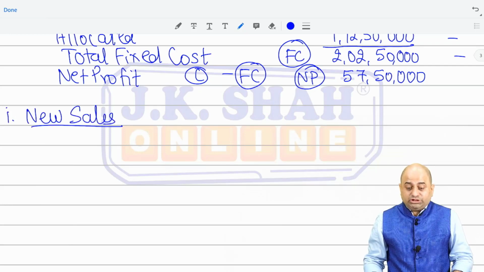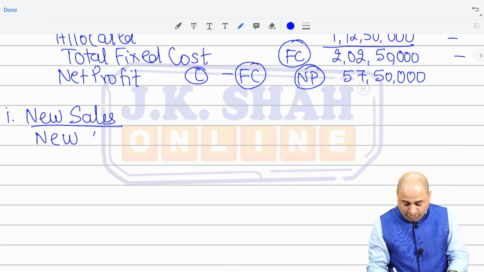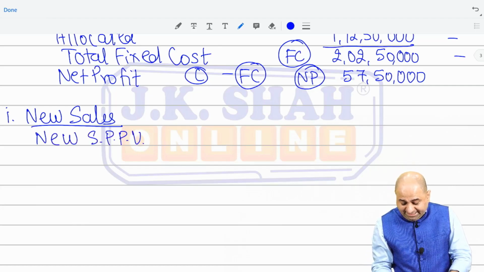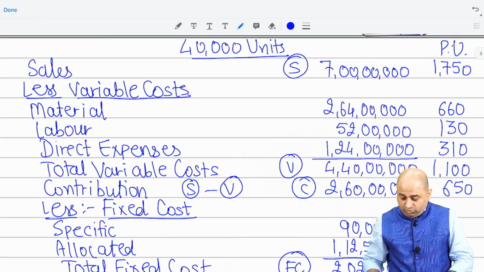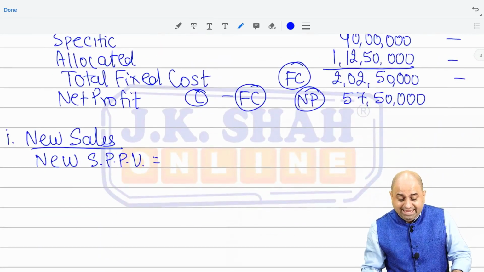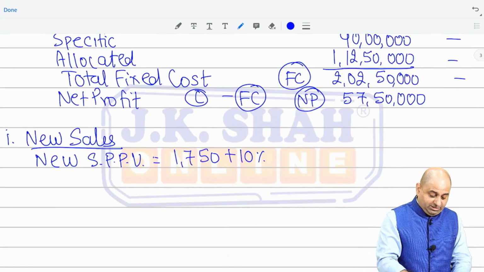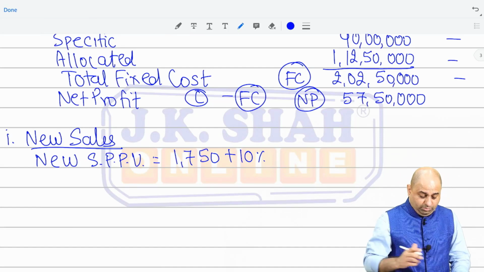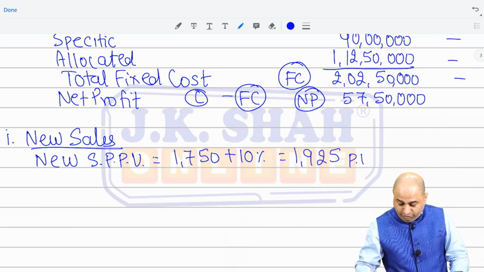I want new sales. 10% increase in selling price, so new SPPU. See how easy it is to calculate. Earlier SPPU was 1750. They say 10% increase in selling price, so 1750 plus 10%, 1925 per unit.